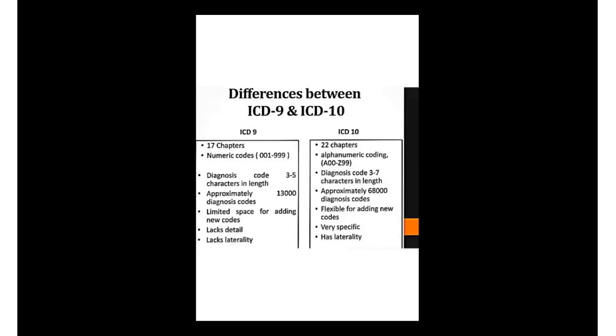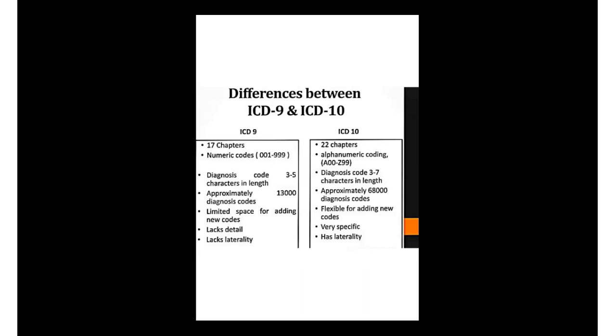Because when we are doing revision, in those 10 years, 20 years gap, what happens usually? More categories of diseases will be added. So for ICD 9, the numeric code we use is 001 to 999. Okay. But in case of ICD 10, we follow alphabetic leading to numeric numbers.